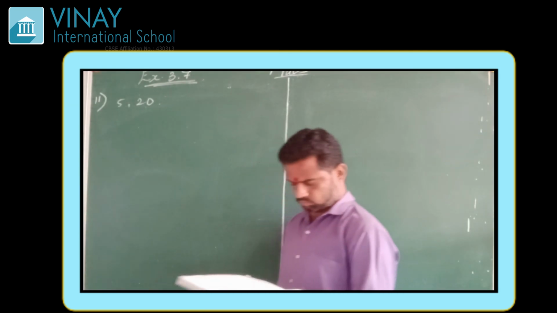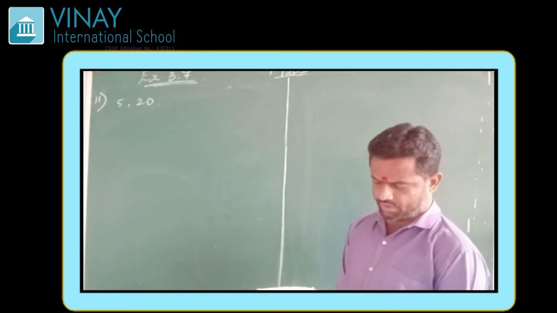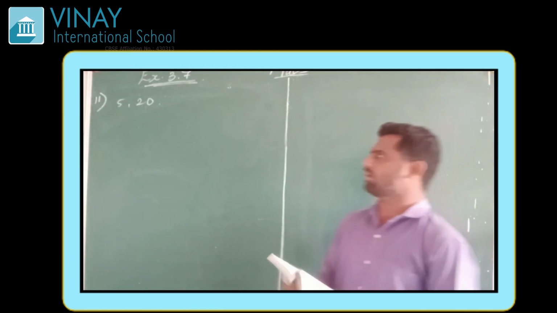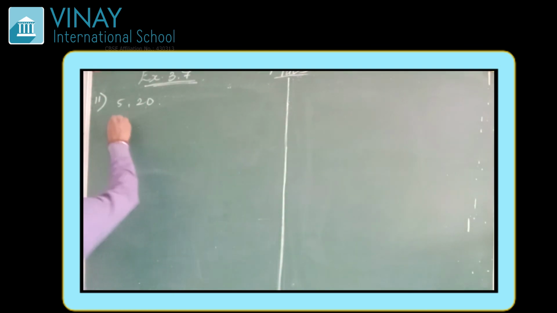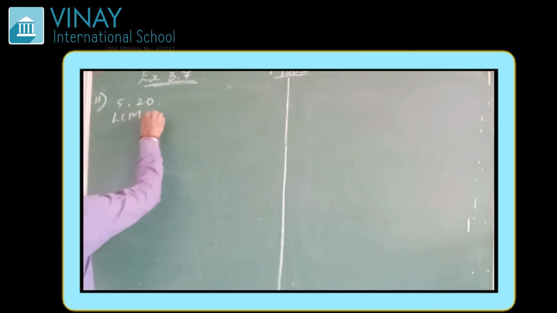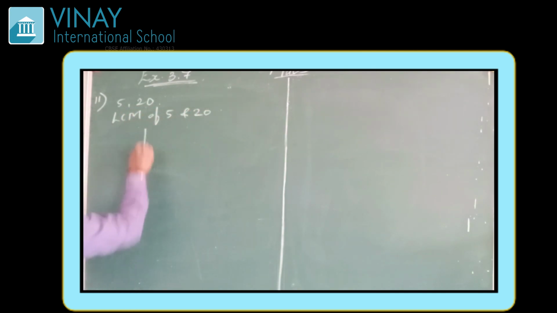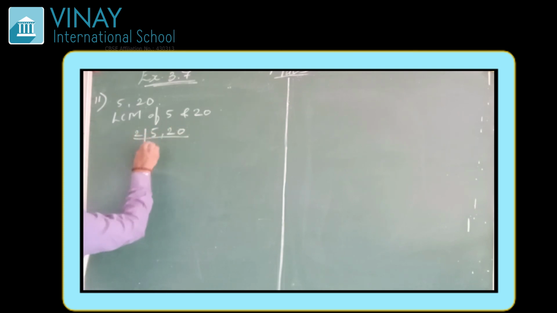Let us do question number 11. Find the LCM of the following numbers in which one of the numbers is a factor of the other. Here one of the numbers is a factor of the other, meaning 5 is a factor of 20. Now we have to find the LCM of these two numbers. LCM of 5 and 20. Divide by 2, 5 as it is, 10.